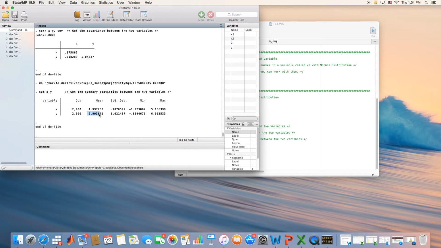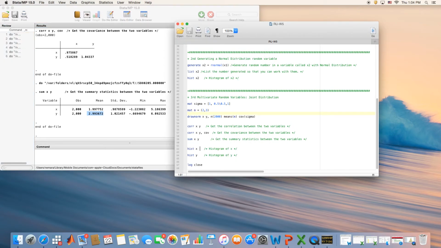So if you approximate this, you get 3, which we have built into this code. Standard deviation of x, right? So you basically get the square root of this number, and the standard deviation of y. And then x varies from negative to positive. It's a normal variable, so it varies from a negative to a positive number, with a minimum of this and a maximum of this number, and the same thing for y.